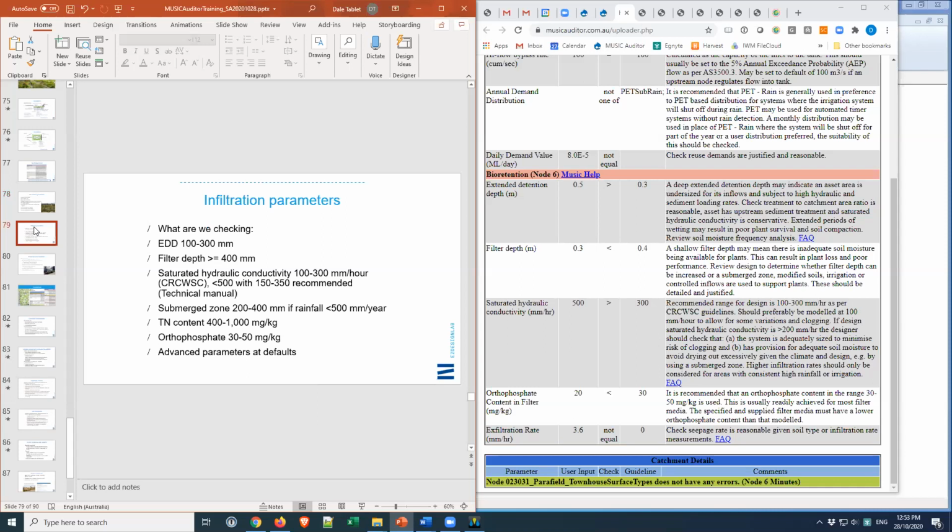So I thought it would be useful just to talk through what we're checking for a couple of the other treatment nodes. I'm not going to try and go through all of them today because there's quite a few, and it'll get quite repetitive. Infiltration systems are similar to a bioretention. The key difference is that an infiltration system doesn't have any vegetation.